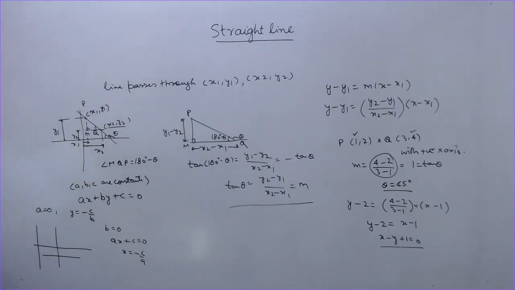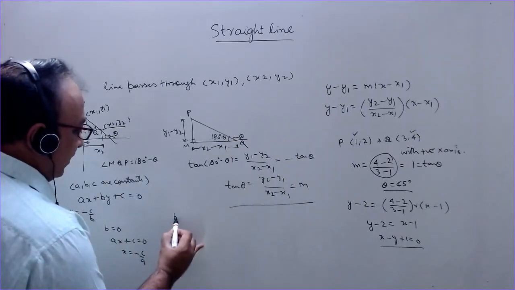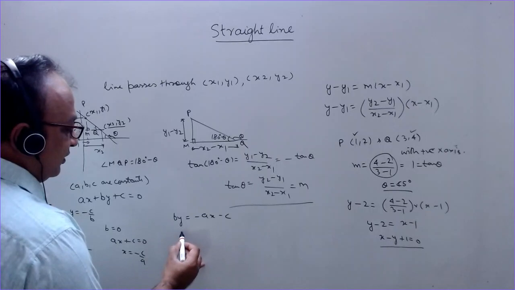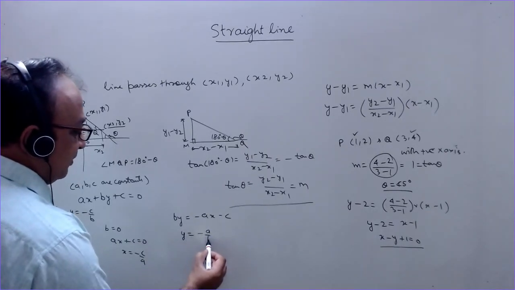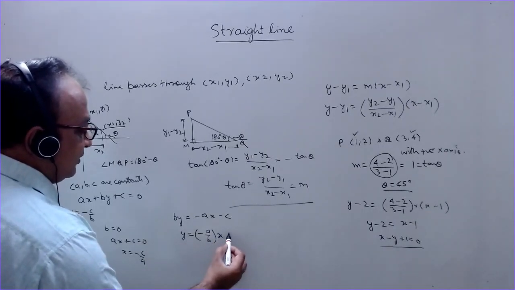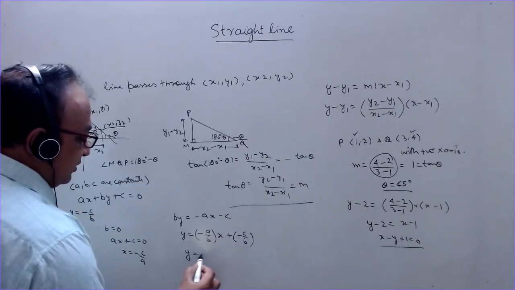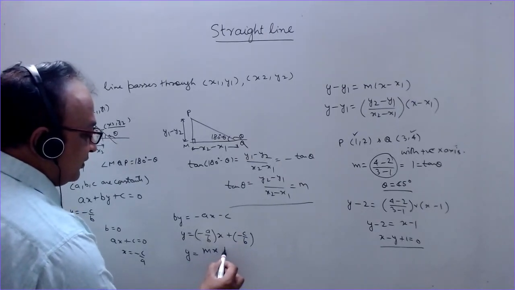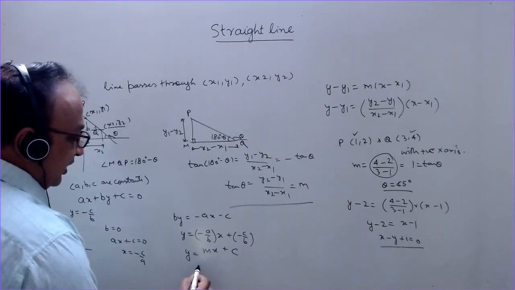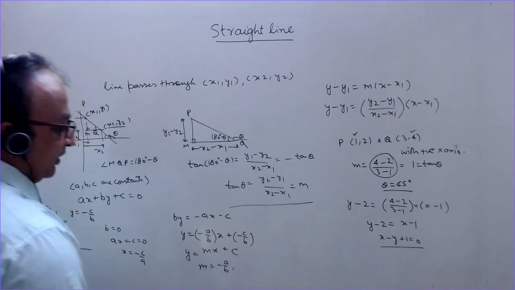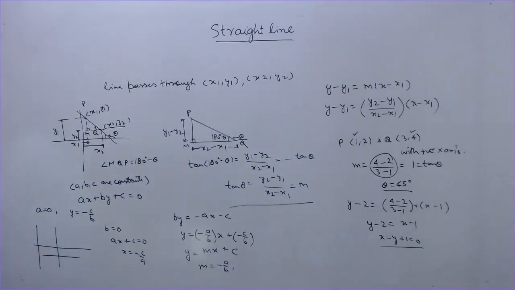If I write the line in this form, by equal to minus ax minus c, or y is minus a by b x plus minus c by b. Comparing this with the slope intercept form, mx plus c, here the slope is minus a by b. Negative slope means theta is in the second quadrant, where tan theta is negative.